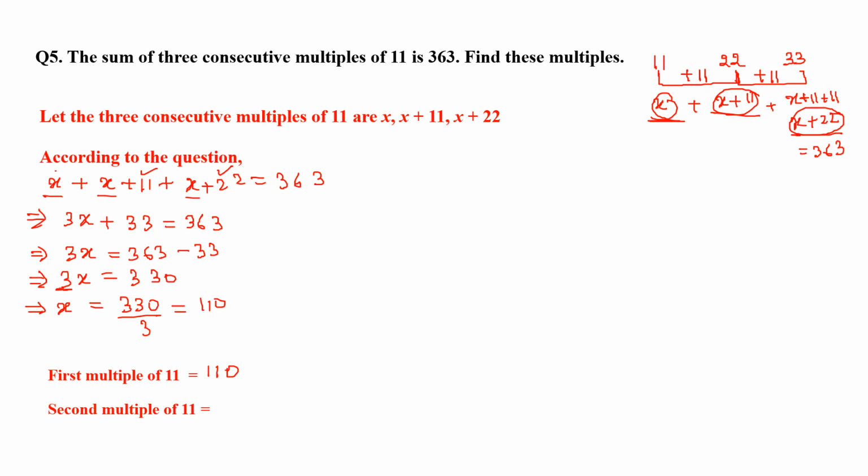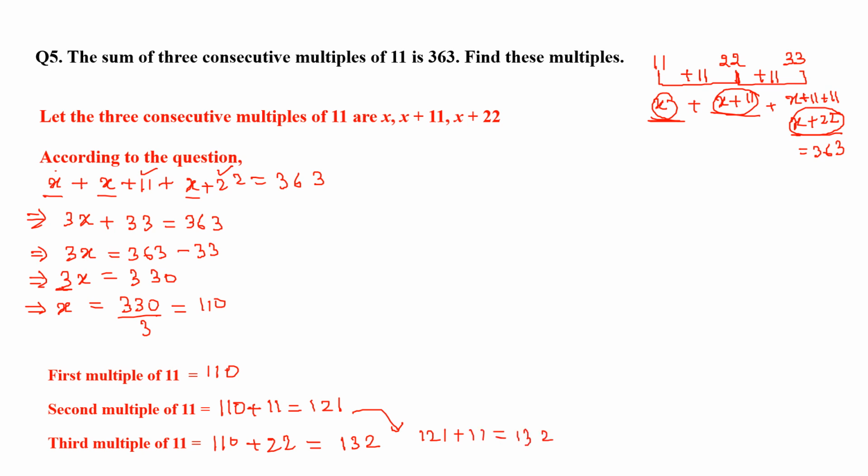Now the second multiple I will get by adding 11 to the previous one. So it will be 121. And the third will be by adding 22 to the first one. So it will be 132. The third multiple you can get by adding 121 plus 11 also. You will get the same answer.